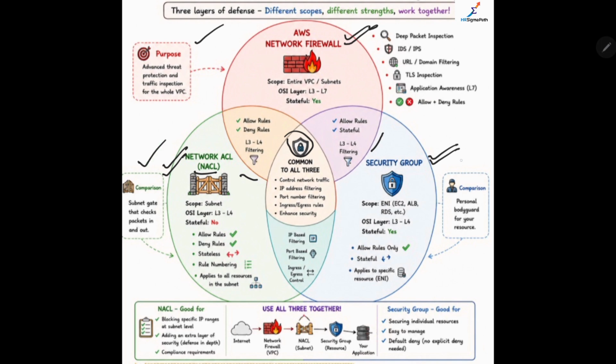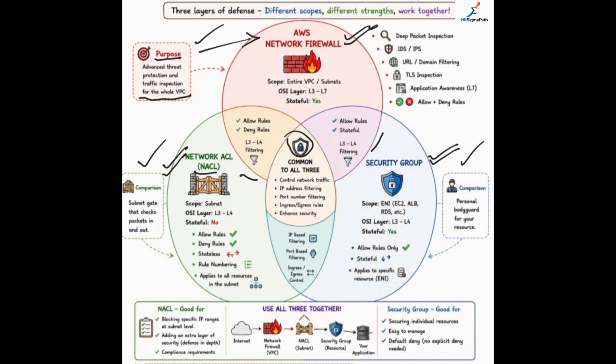Before we even enter these circles, notice the boxes on the left. The first box explains the purpose of AWS Network Firewall. It says its job is advanced threat protection and traffic inspection for the entire VPC. This means it does not just allow or block traffic. It can actually inspect network traffic and identify suspicious or malicious activity.